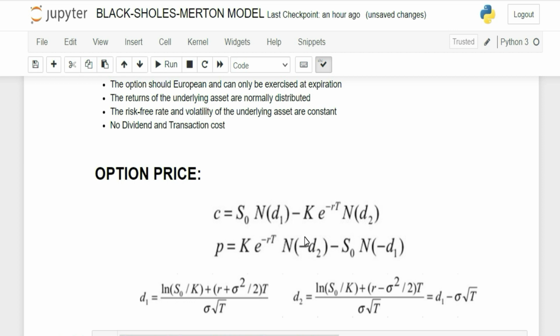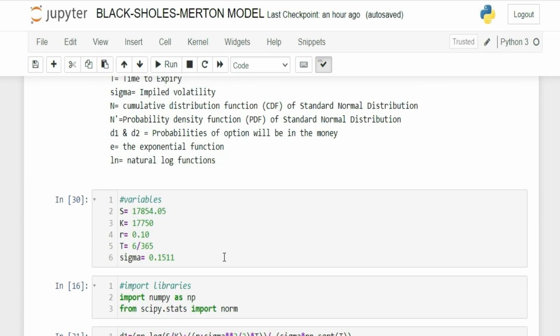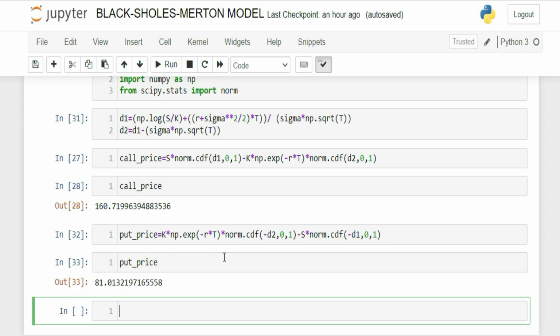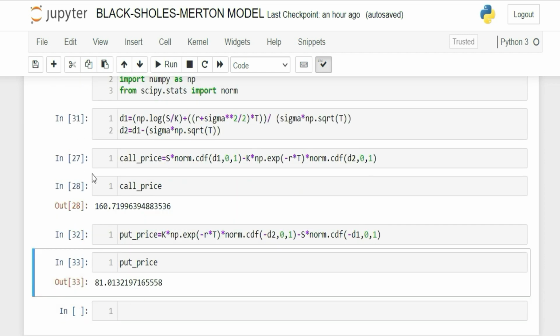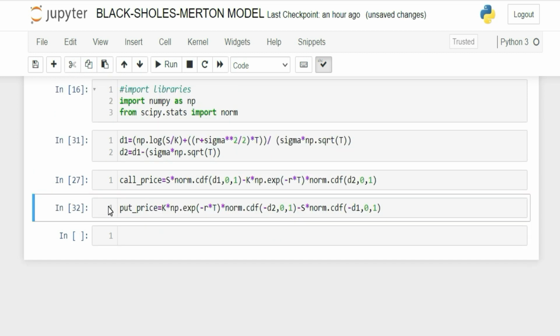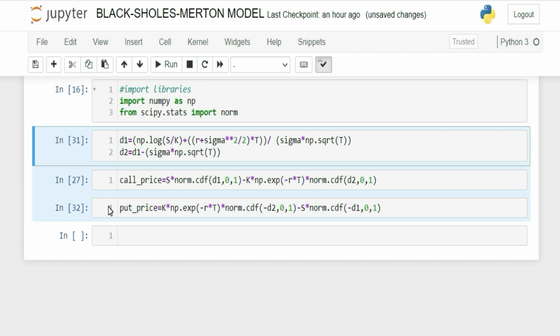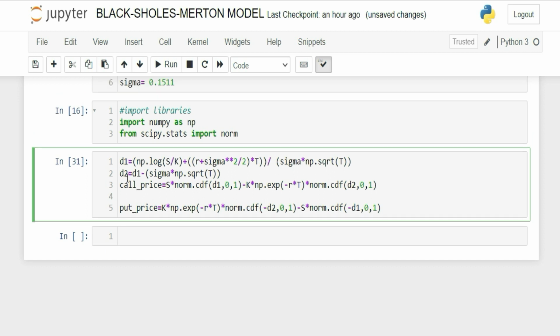So we have done with the pricing of call and put with this mathematical equation. All right. Before, now we will move to the option Greeks. So let me put all this together, so it will look nice. Here I'll put these two together, and delete this.